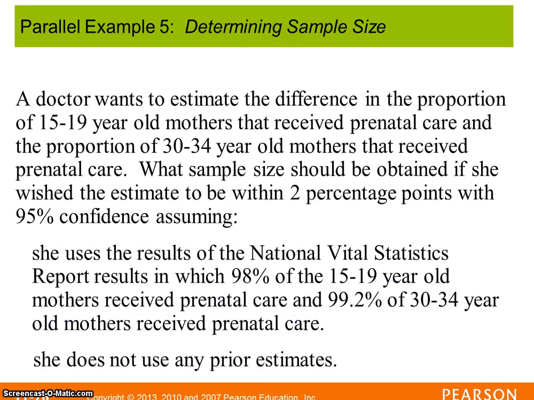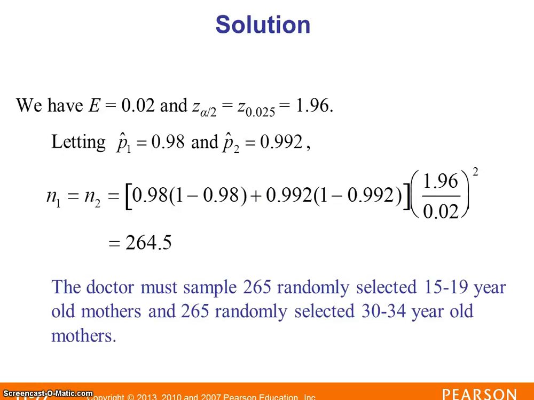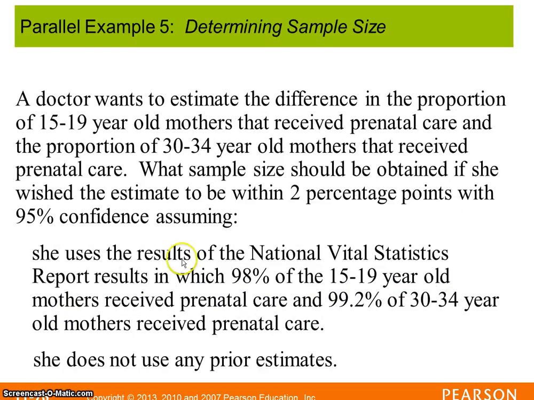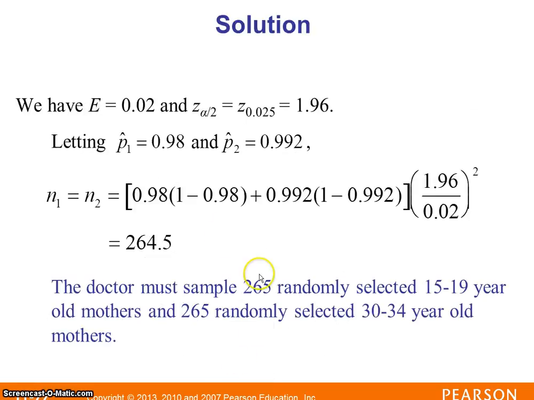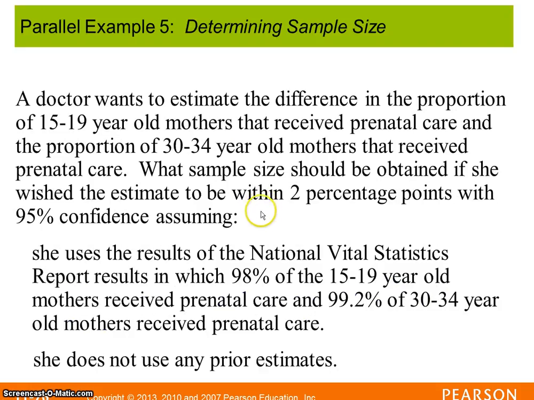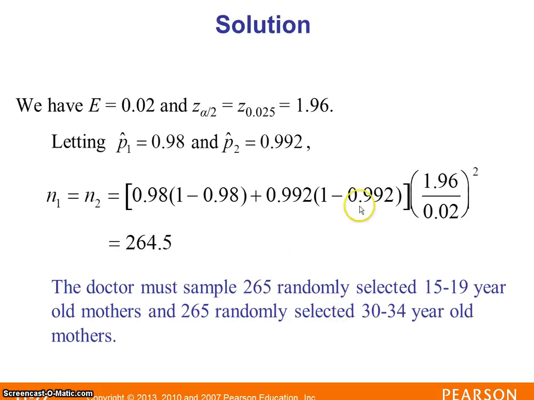So this is a two-part problem. The first part, she wants to use prior estimates, and the second part she isn't using prior estimates. In this case, using prior estimates, we take the 0.98 and the 0.992 from the previous sample. The 0.98 is coming from that, and the 0.992 is coming from that, plugging into the formula.